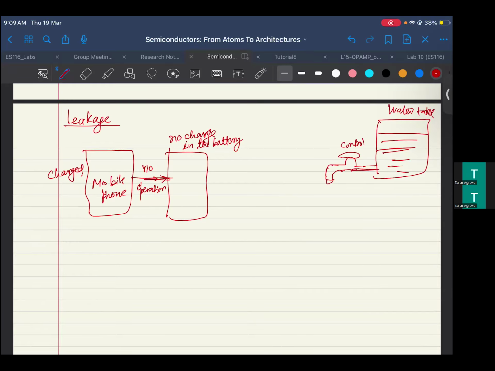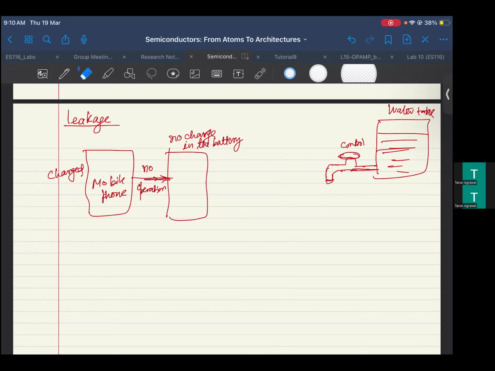If the control knob is very good, as you typically see, nothing comes out, there's no drop, so the water level will remain whatever you have left with.